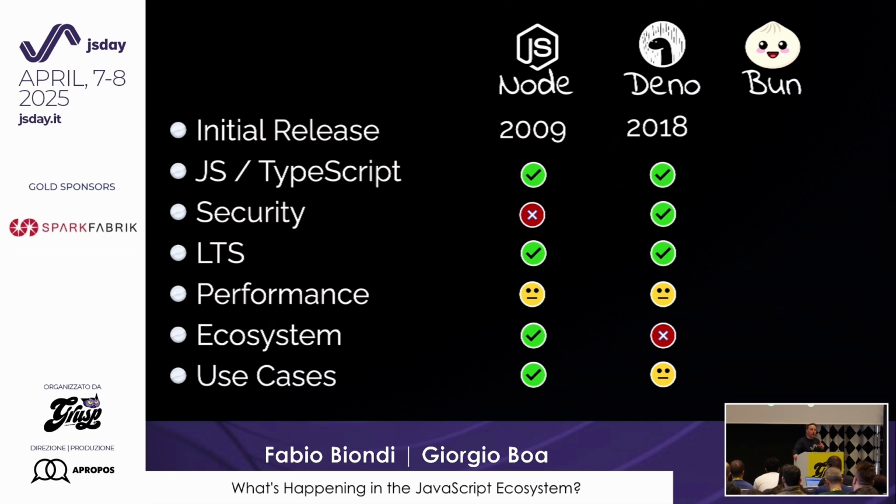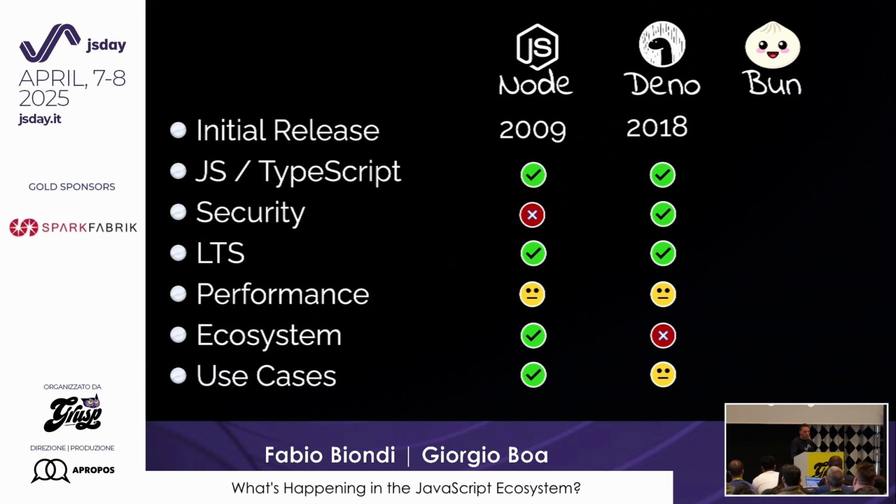And also, if you are trying to access a network or write a file, you need to specifically allow this kind of operation. So if I want to write a file in my system, I need to specify, okay, this specific script can write on the disk. And this is really, really important security-wise.